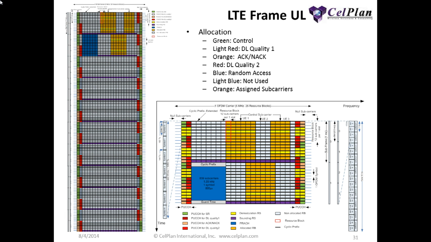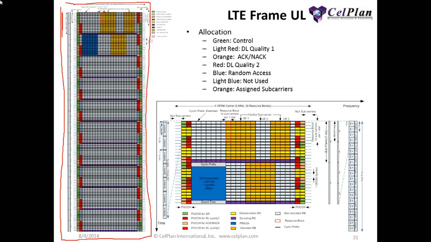So here we show on the left side a whole uplink frame with the subframes of 1 millisecond. The frame has 10 milliseconds. And in blue, we depict the random access area. It has a cyclic prefix in the beginning, the preamble, and a guard time in the end. The preamble subcarriers are not spaced with 15 kilohertz as the remaining, but they are spaced at 1.25 kilohertz.